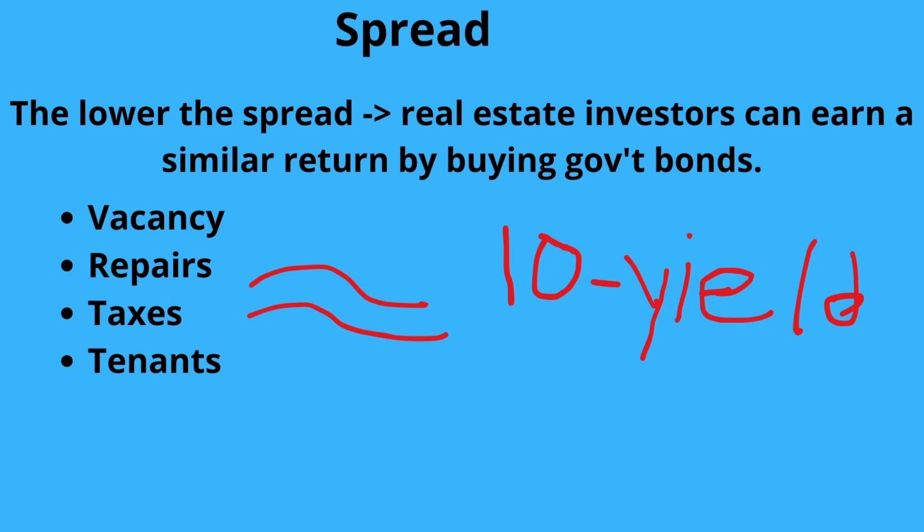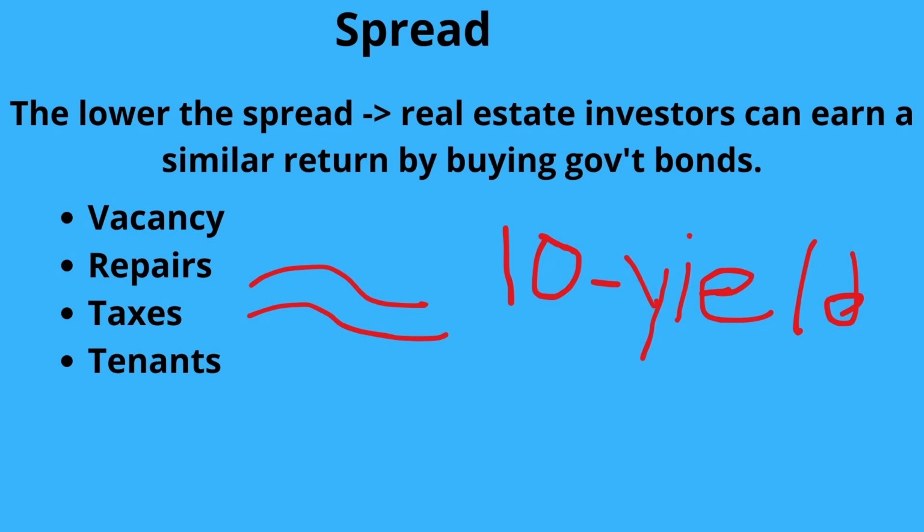So say those $12,000 become $8,000. So 8,000 divided by 100,000 is around 8%. Now there are different metrics. There is cash on cash return, there is net, there's leverage, but let's just focus on the cap rate, which is what we are investigating here.